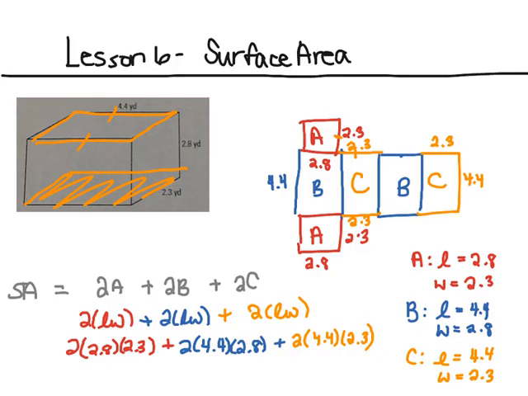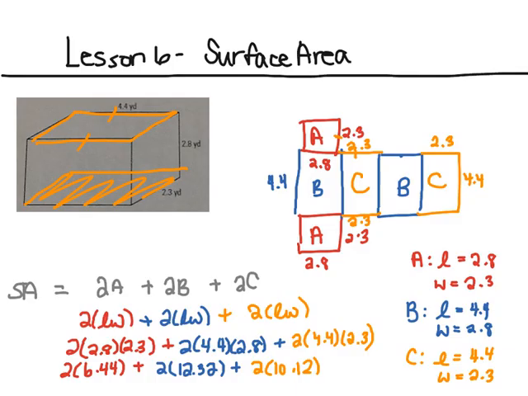And if we do each section individually, we'll multiply them each individually. This would be 2 times 6.44 plus 2 times 12.32 plus 2 times 10.12.